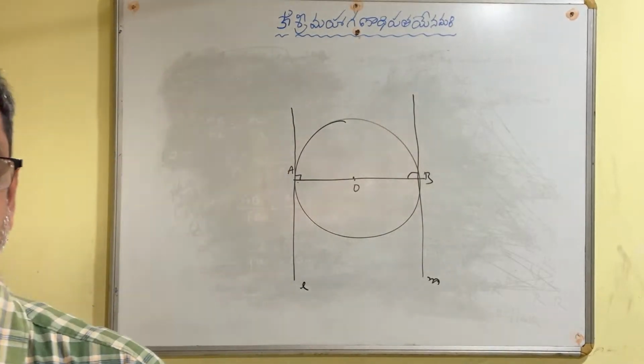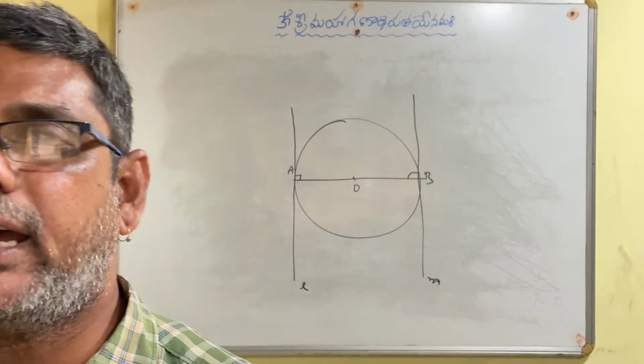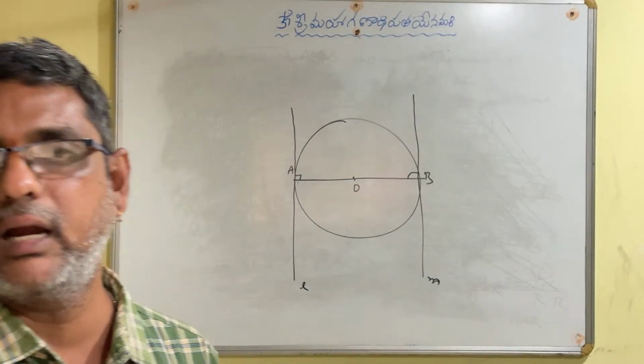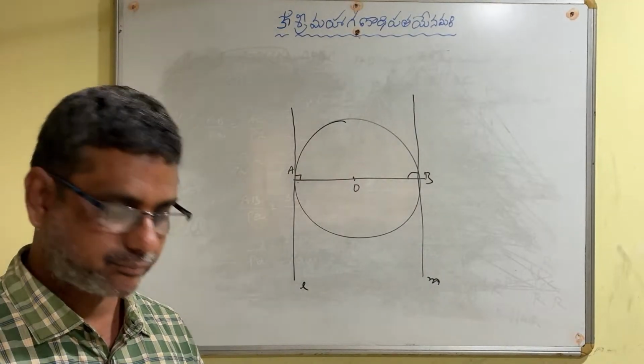Okay? So at most we can draw 2 parallel tangents. That's all.